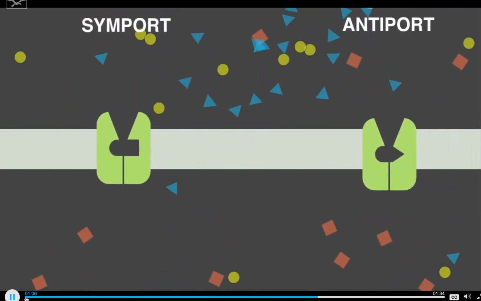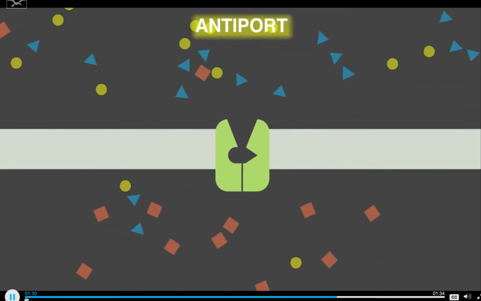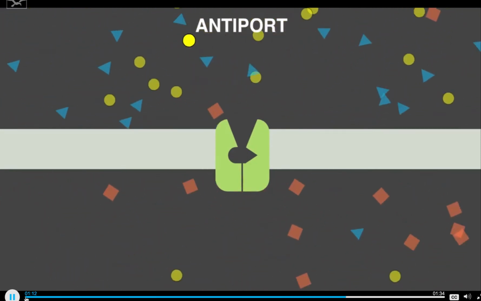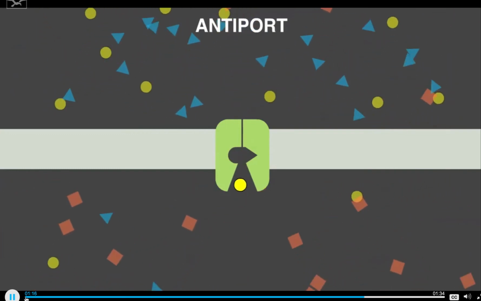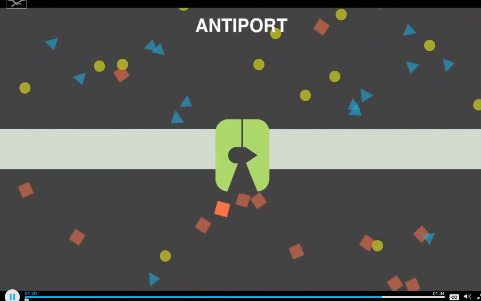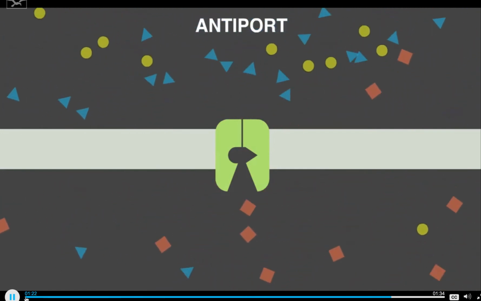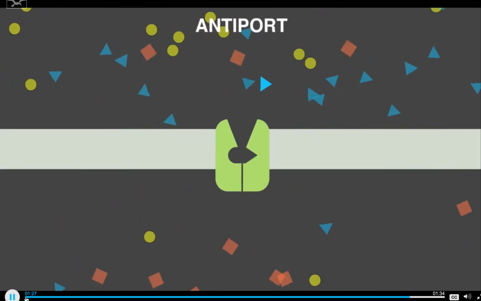When the coupled transporter moves solutes in opposite directions across the membrane, it is called an antiport. In this example, the solute represented by the circle is transported down its concentration gradient, fueling the transport of the other solute, represented by the triangle, against its concentration gradient, that is, from low to high concentration.